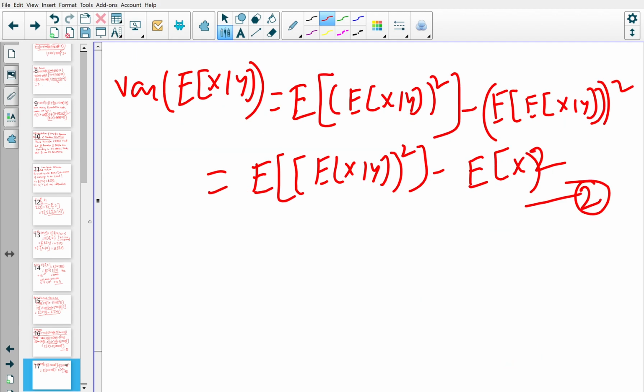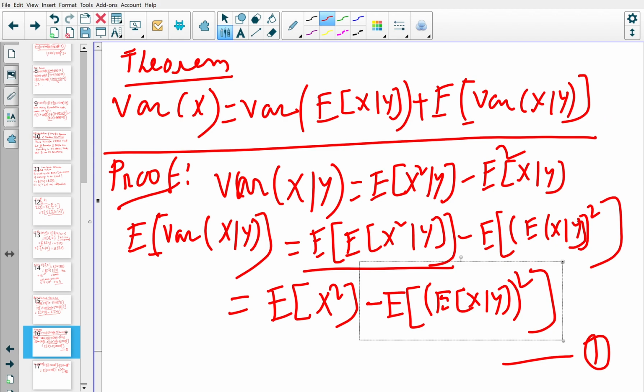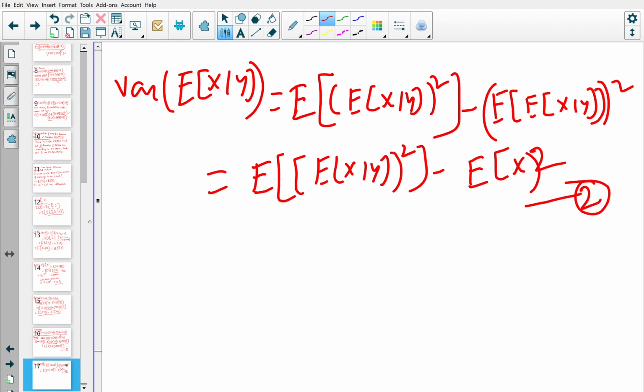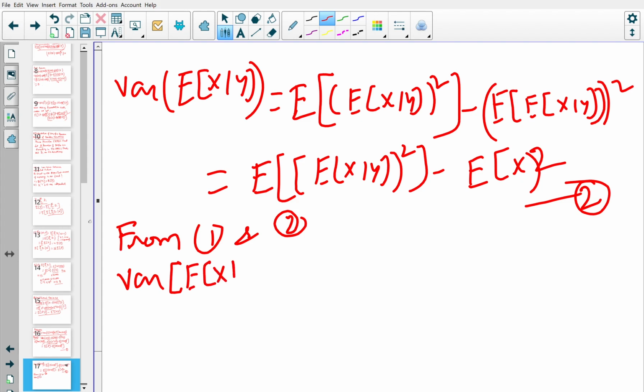Now if you replace this quantity, then from 1 and 2, what do you have? On the one hand you have variance of expectation of x given y plus expectation of x whole square.